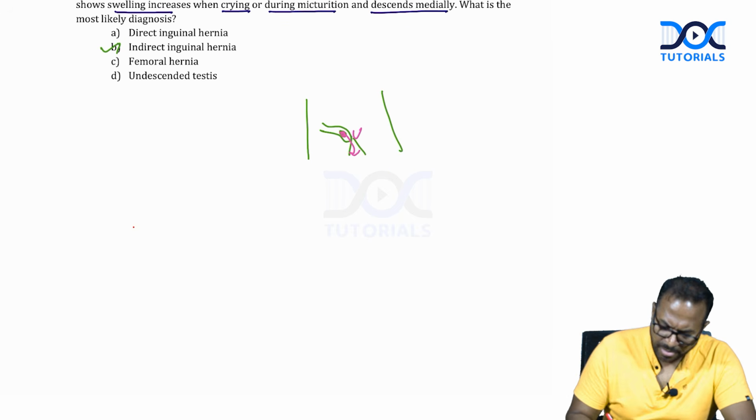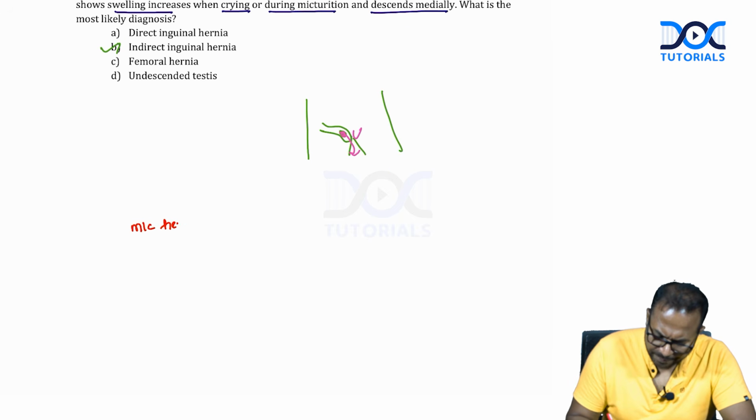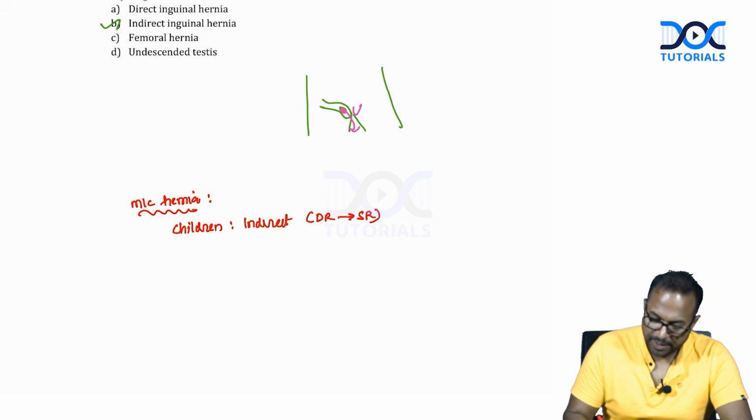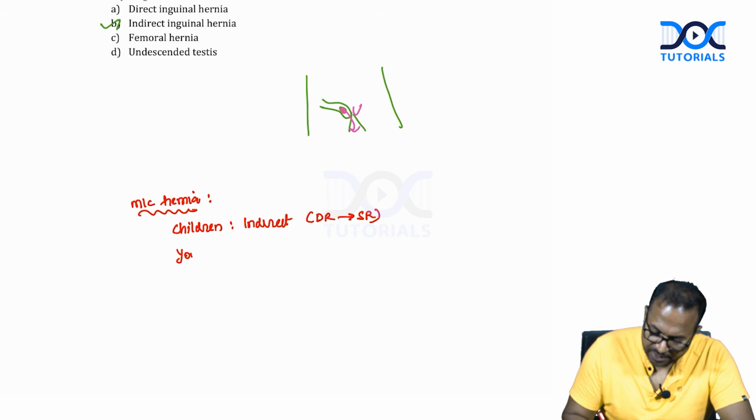So please remember, the most common hernia in children is indirect hernia, which comes through the deep ring to the superficial ring. Please remember the anatomy of hernia. In young adults, what's the answer? In young adults also it is indirect hernia, deep ring to superficial ring.